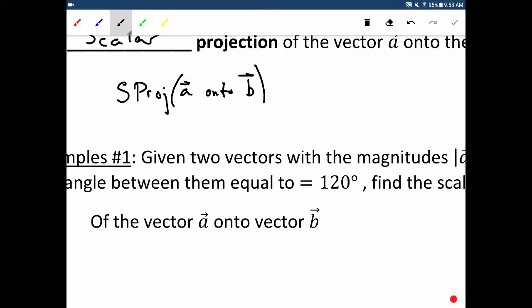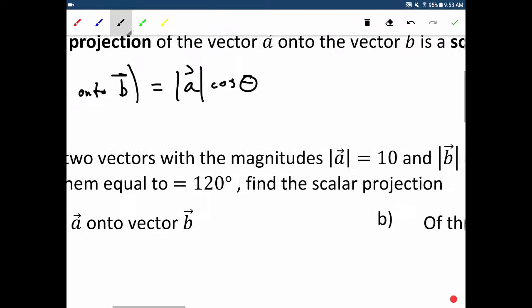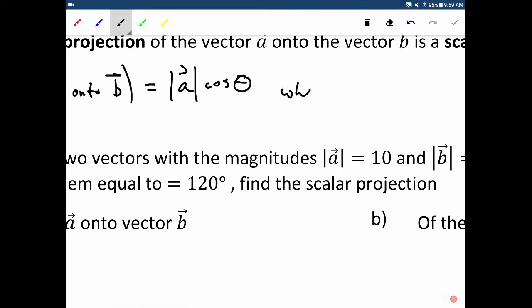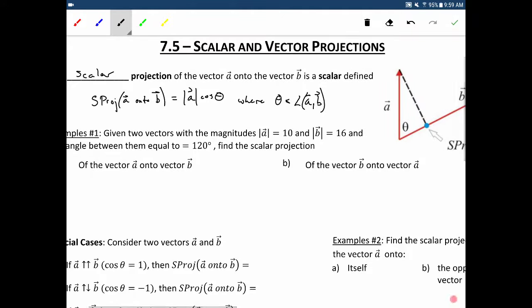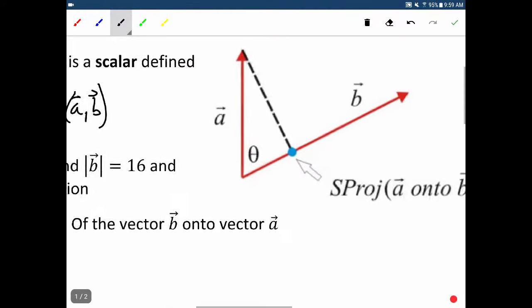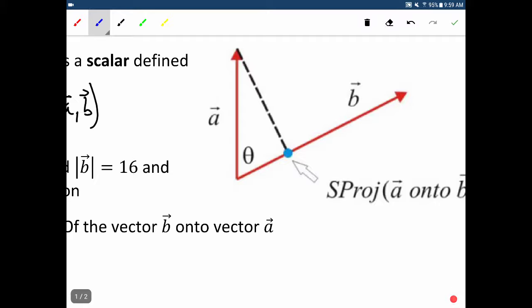We're going to define this as the magnitude of A cos theta, where theta is the angle between vector A and vector B. What this means, as you can see in this diagram, is that we're finding this magnitude here.